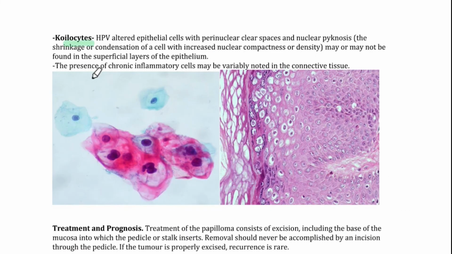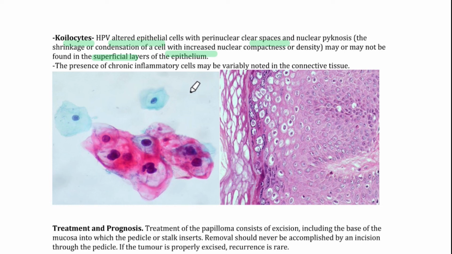Next important histological feature is koilocytes. These are the HPV altered epithelial cells with perinuclear clear spaces and nuclear pyknosis. What is pyknosis? It is the shrinkage or condensation of a cell with increased nuclear compactness or density.